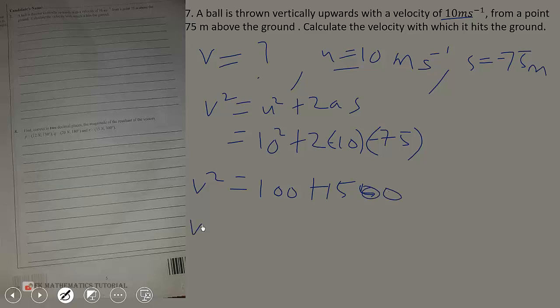So we have 1,600. v squared is equal to 1,600. So we take the positive square root of both sides. So v will be equal to 40 meters per second.